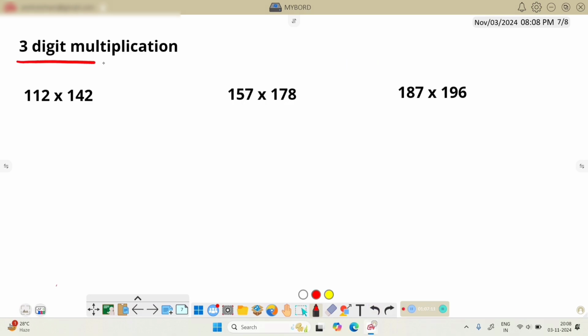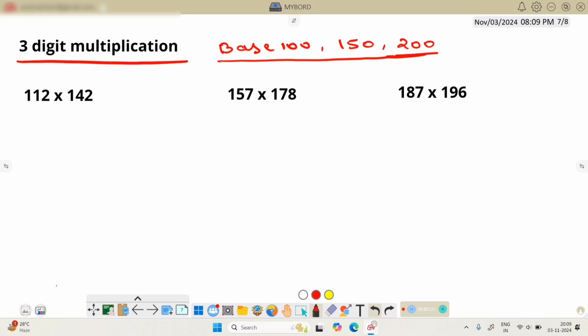The next is 3-digit multiplication. See, for 3-digit multiplication you take base 100, 150, 200. Okay, so you just take these 3 bases. I will tell you how to do it. So here they have given 112 into 142.